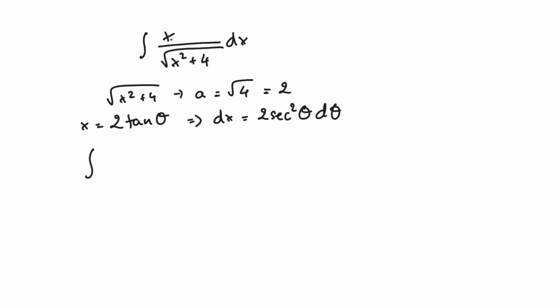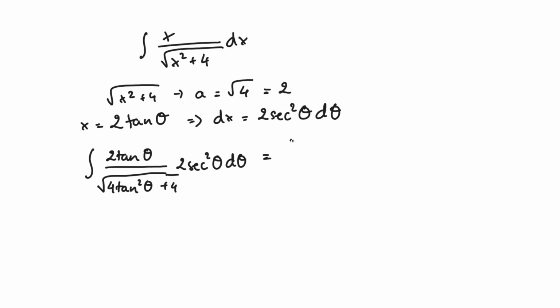At the top we have x, so x is 2 tangent of theta. The bottom is the square root of x squared plus 4, so we substitute x in and have 4 tangent square theta plus 4, and dx is 2 secant square theta d theta.